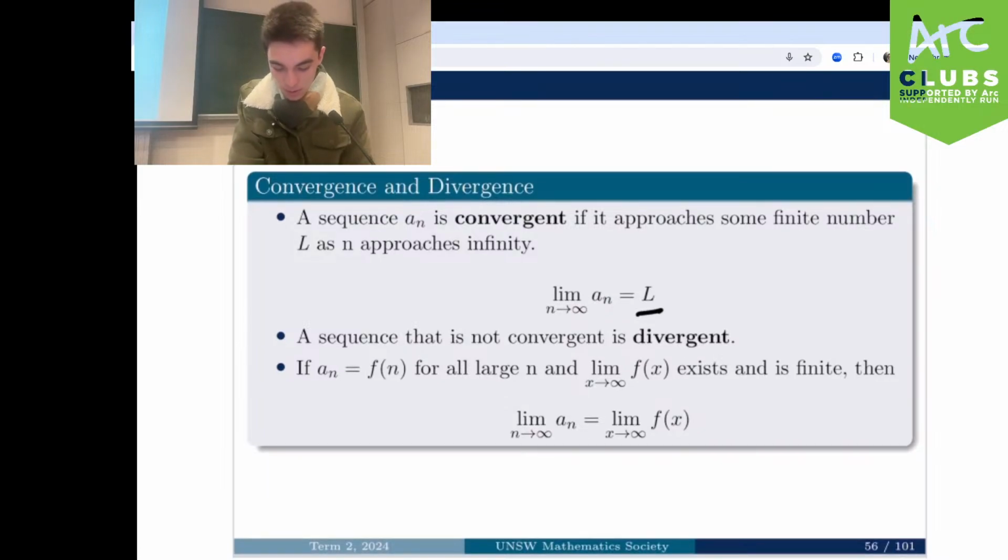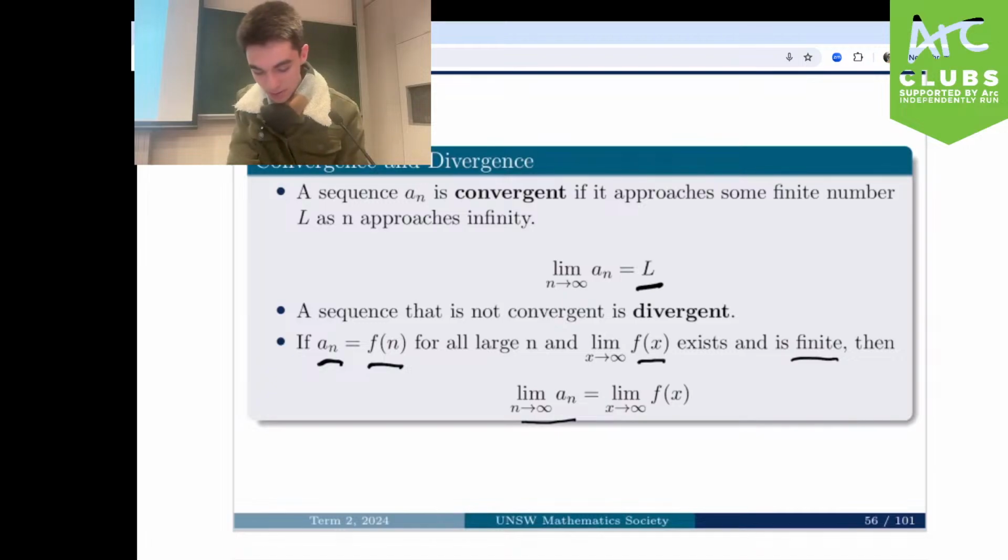As we go through this, the technique that we're going to be using is basically solving limits the same way that we do with functions. And the reason we can do that is that if the elements of a sequence, right, a_n, are defined by some function f of n, then if the limit of the function exists and is finite, then the sequence is going to have the same limit, right?